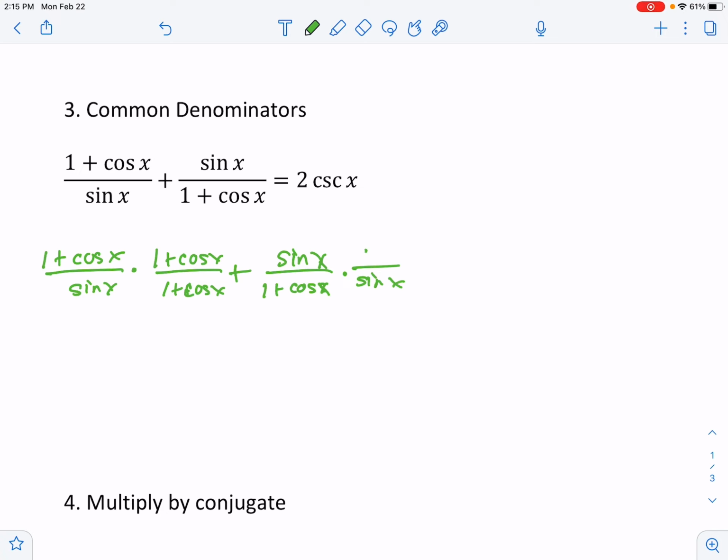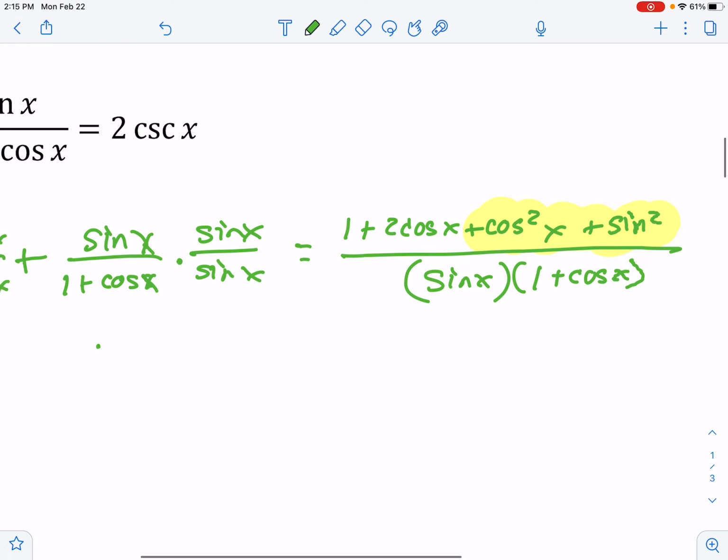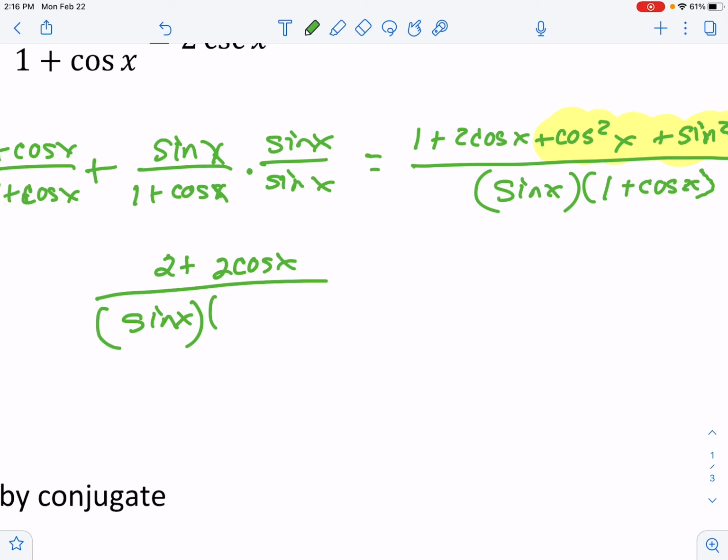Now if you look at the top, cosine squared plus sine squared is equal to 1. So this becomes 2 plus 2 cosine x over sine x times 1 plus the cosine x.